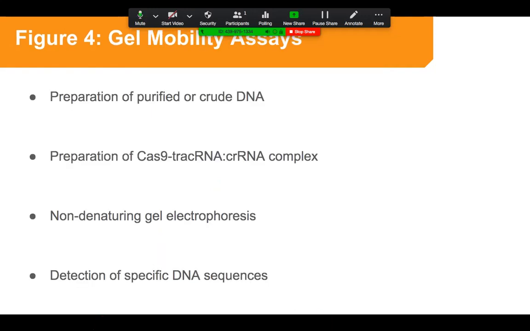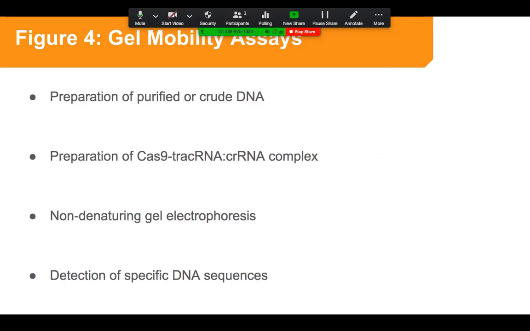The third method that we used are gel mobility assays, and this was used in figure 4C. So this was used in determining the role of PAM and if it recruits the Cas9 tracrRNA-crRNA complex to the correct target DNA site. You're going to do this by preparing your DNA by purifying it, and then preparing your complex, your Cas9 tracrRNA-crRNA complex, whatever you're putting into the DNA.